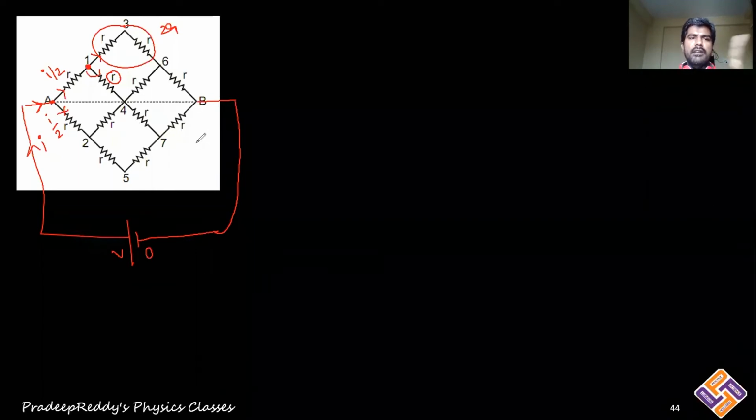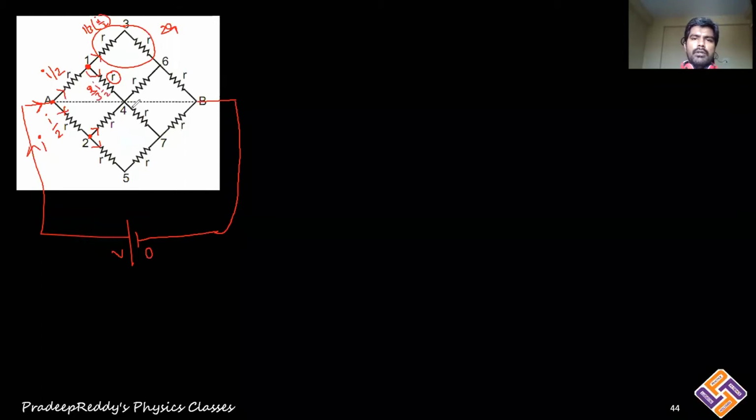After coming to this point, some current goes into this, some current goes into this. If this is 2R and this is R, 1 by third part of I by 2 goes into this, and 2 by third part of I by 2 comes into this resistor.